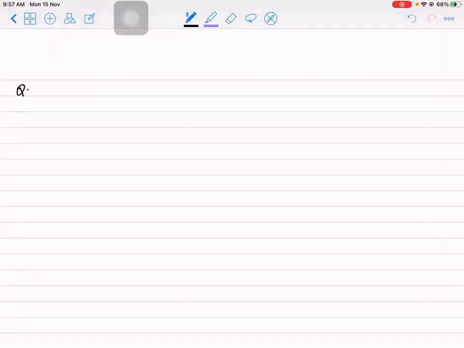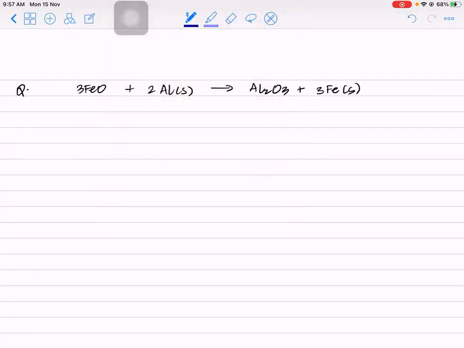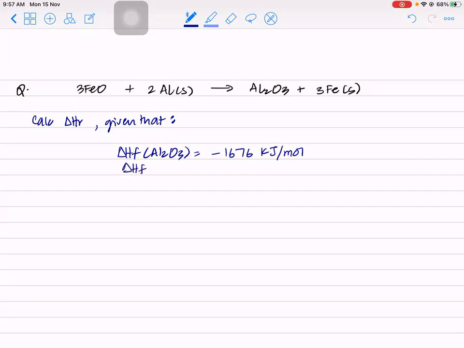Let's see. If I tell you this is your equation: 3FeO plus 2 moles of aluminum solid, giving you Al2O3 plus 3Fe solid. If I ask you to calculate the delta H of the reaction, given that the formation of Al2O3 is minus 1676 kilojoules per mole, and the formation of FeO is minus 266 kilojoules per mole.